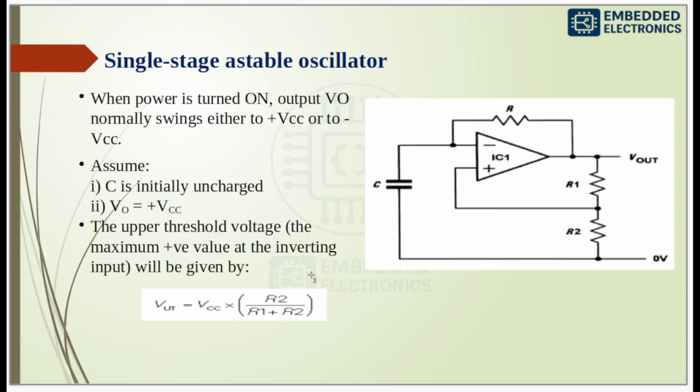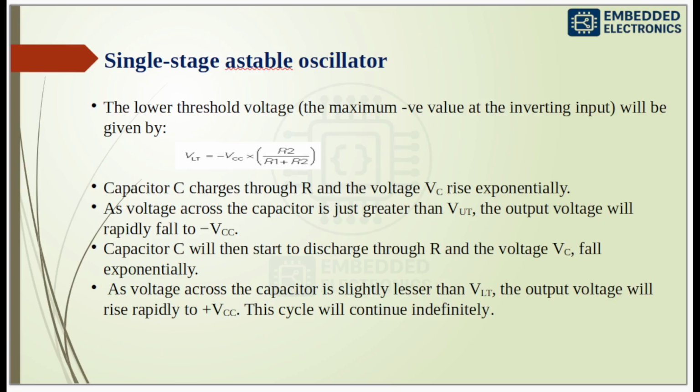The upper threshold voltage, meaning the maximum positive value at the non-inverting input, will be given by this equation: VCC into R2 divided by R1 plus R2. The lower threshold voltage, meaning the maximum negative value, will be given by the same equation, but here it is minus.